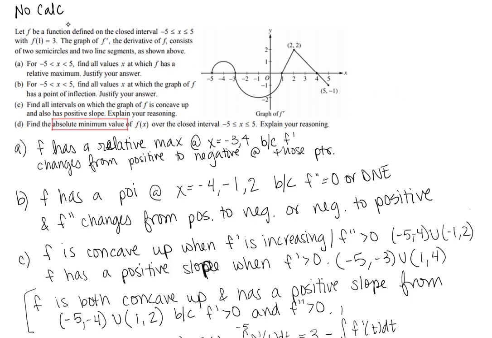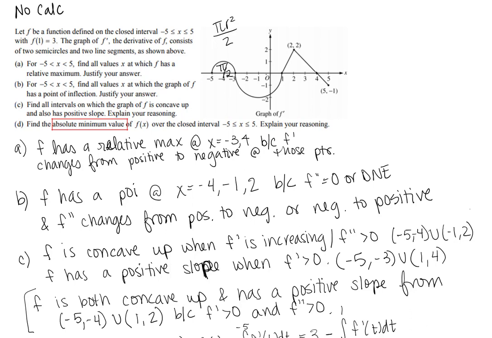We need to figure out the value in this semicircle and this semicircle combined. I know that the area of a semicircle is half of pi r squared. The radius here is 1, and 1 squared is 1. So this area is pi over 2.